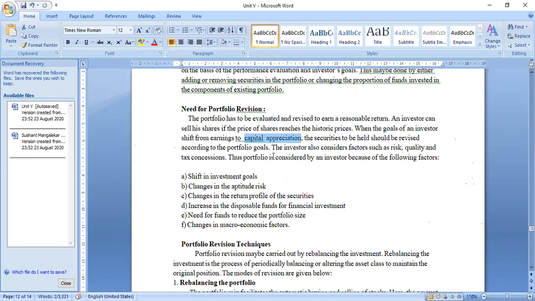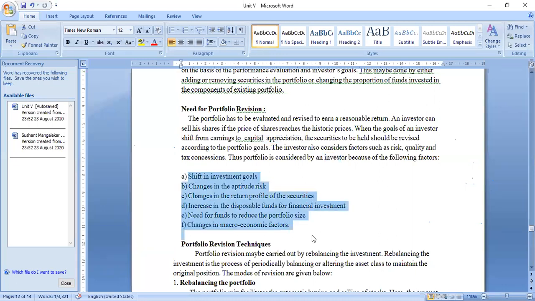There is no hard and fast rule with regard to the period for which the portfolio revision has to take place, but it is very important that the investor considers risk, quality and tax concessions. These are also some of the parameters we have to take care of in portfolio revision. At the same time, the portfolio is revised by an investor because of different factors.